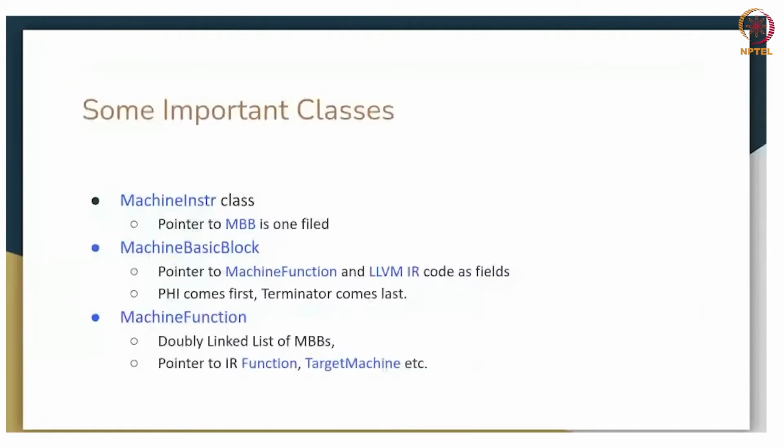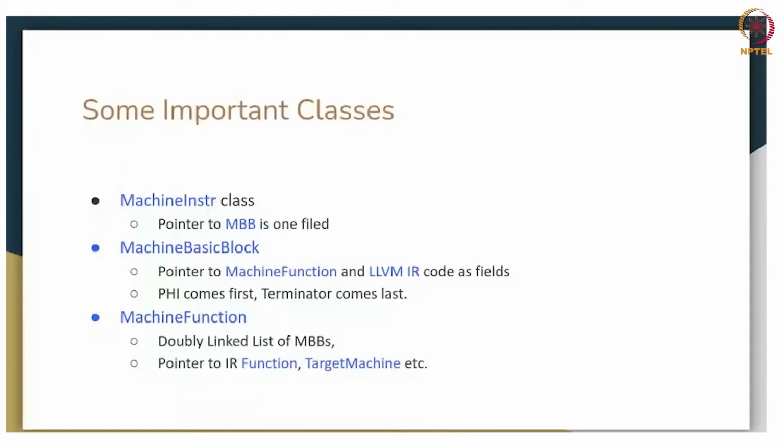Some important classes I will just briefly go through, like the MachineInstr class. A pointer to the MBB, the machine basic block, is one field. There are many fields available in the MachineInstr class. You can look at the LLVM docs in detail later to find out the important fields and functions.